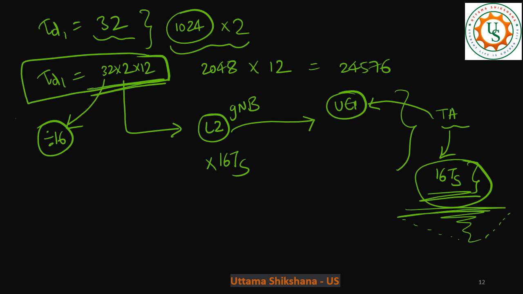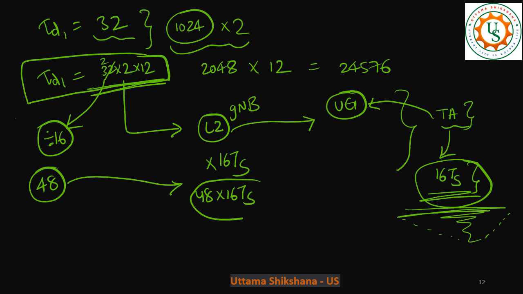Maybe the circuitry is designed like that to create the advance. So maybe it is like this, and this is the standard, I mean, everyone uses the same value. So this has to be divided by 16, which means 48 is the value which will be sent to L2. L2 multiplies this 48 by Ts, and this becomes the timing advance value now.